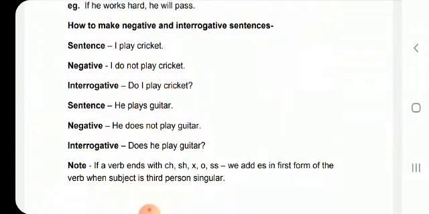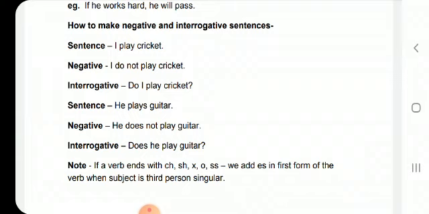For making it negative, we will have to write I do not play cricket, because there are two helping verbs, do and does, and do is used with I. And for making negative, we always add not. For making interrogative, we bring the helping verb before the subject, and the subject is here I. So the helping verb is do. So it will be: do I play cricket?